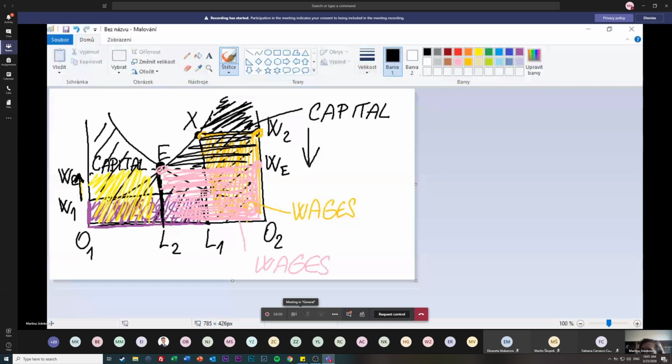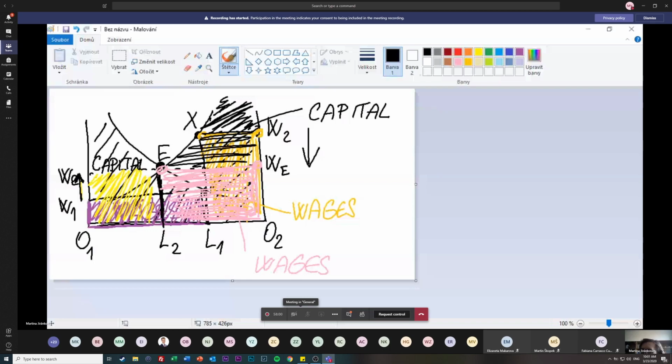Now, if we would assume there are two products produced, there is the possibility to choose. We assume that in the first country they have a lot of workers. Labor is the abundant factor.